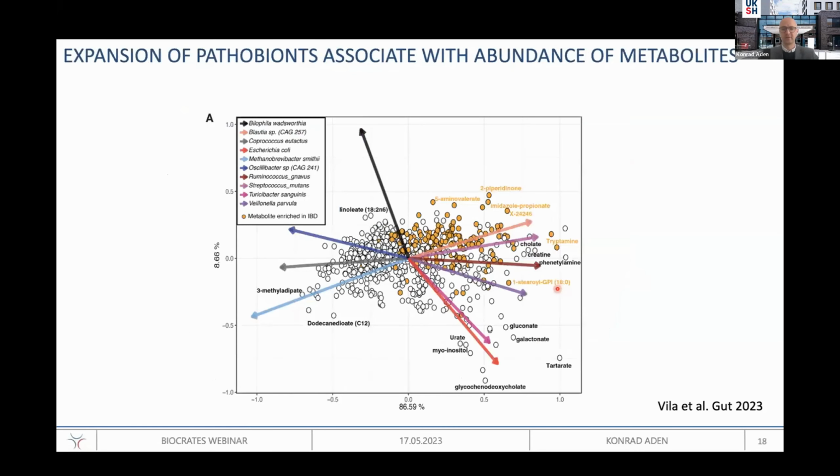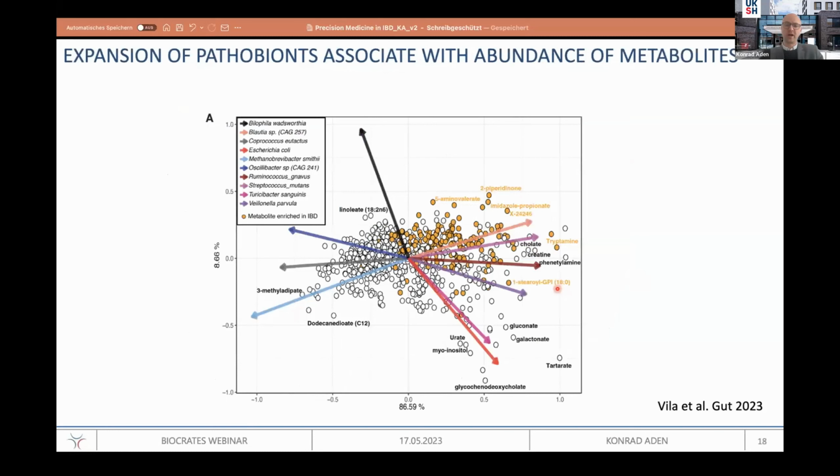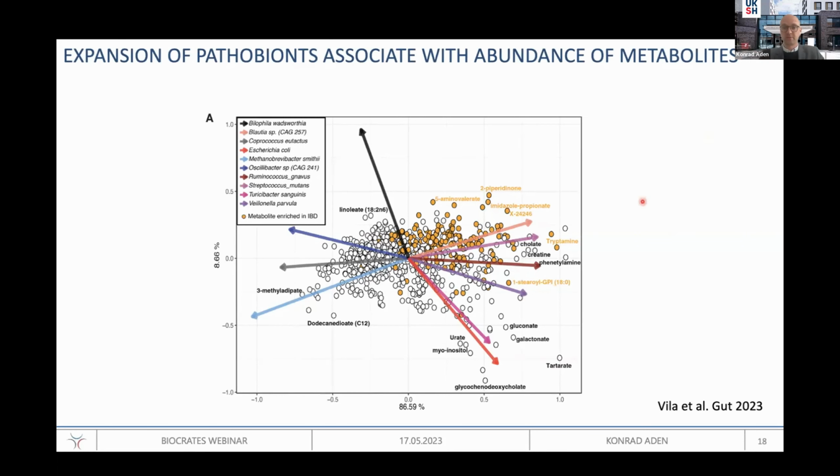What is interesting in this context, and something we need to highlight, and also something that we have not completely understood, is that with the differential abundance of specific metabolites, we also see the expansion of specific pathobiomes that directly associate with the abundance of these metabolites.